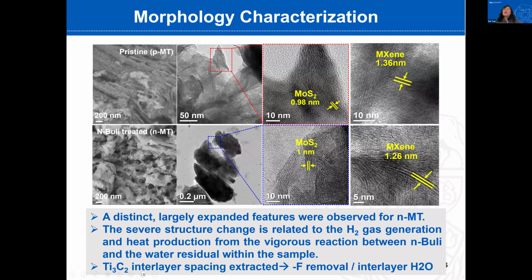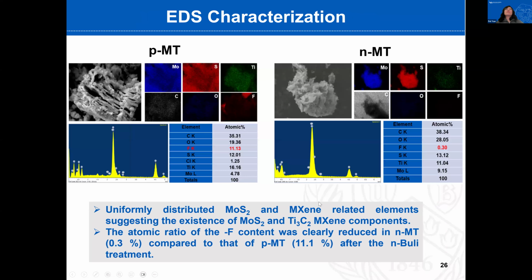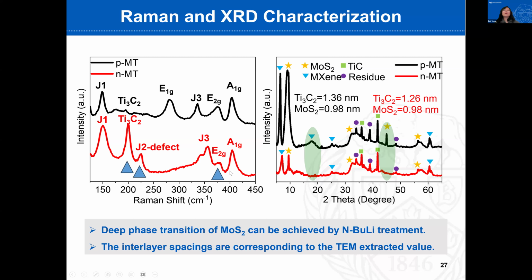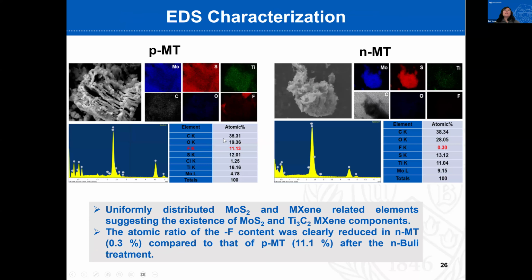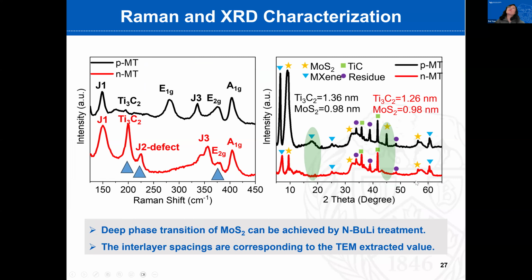So the reduced interlayer distance from the MXene also indicates fluorine functional group removal, and partially also interlayer water evaporation. This slide shows the composite, and it is worth noting that the fluorine content from the pristine one is reduced from 11 to less than 1 percent in the n-butyllithium treated samples.